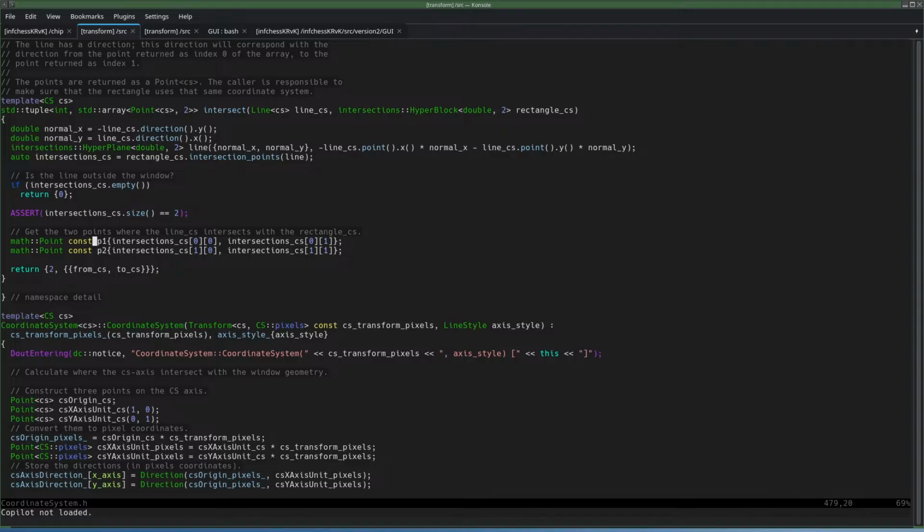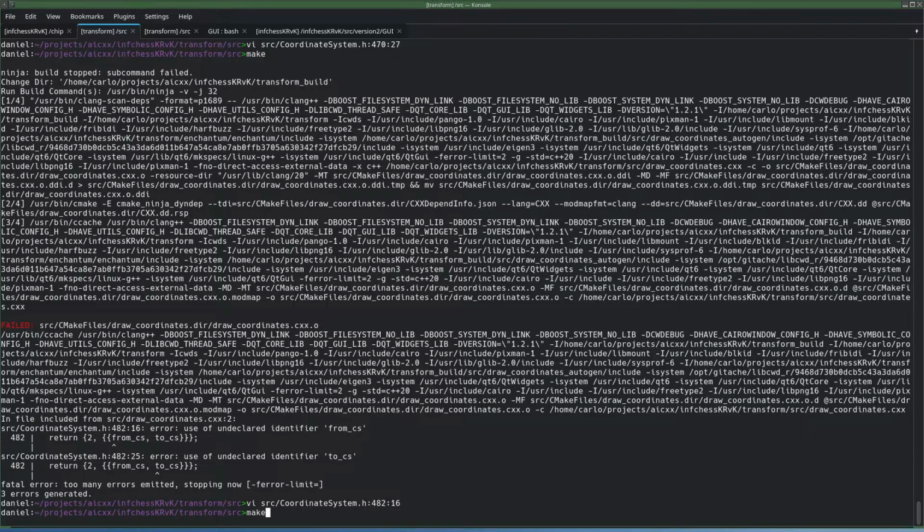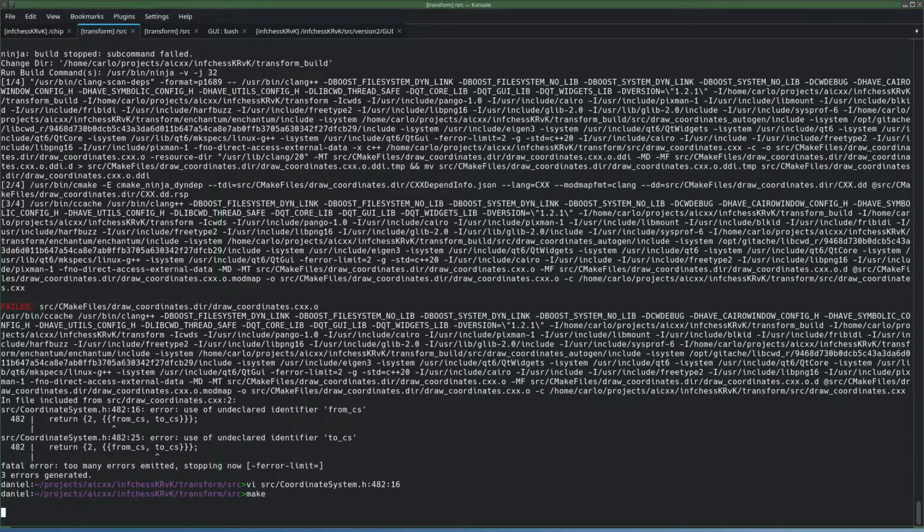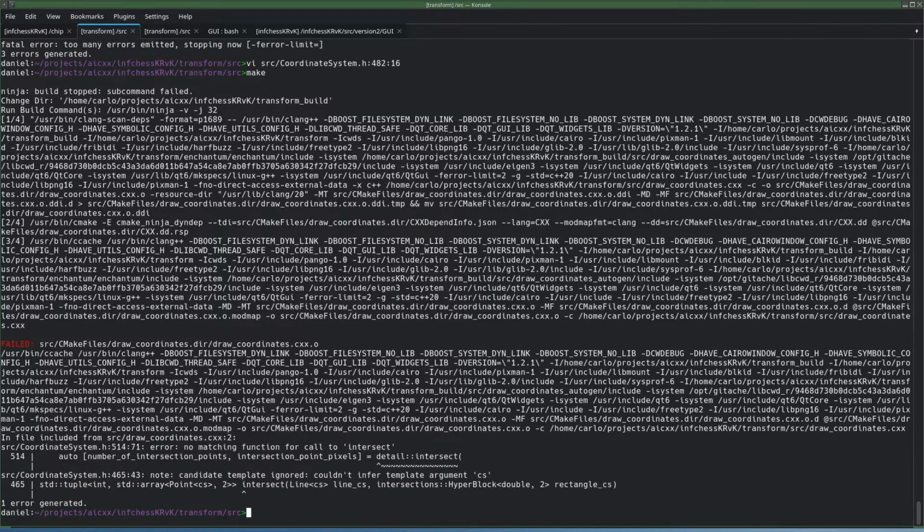Yeah, okay, so the order was not determined yet, but we're working on that. So I want the first one to be from. In the end, then this should work. Matching function to intersect. Candidate template ignored, couldn't invert template arguments, yes.